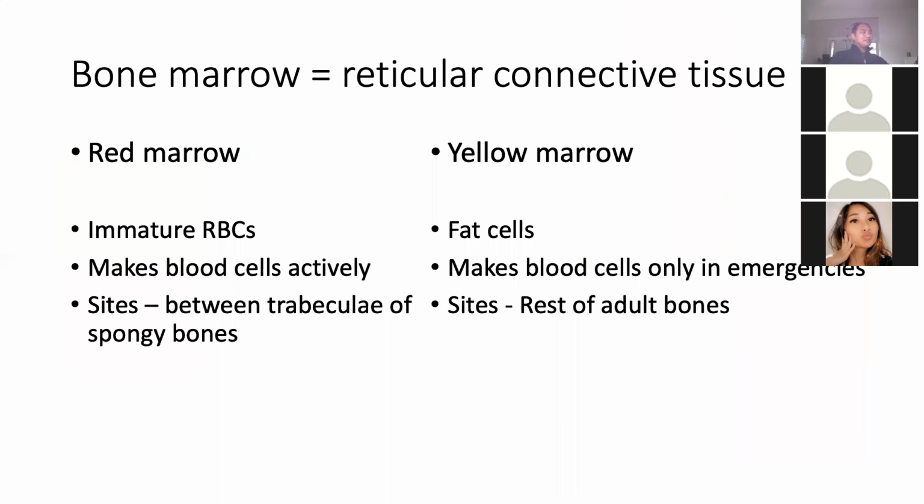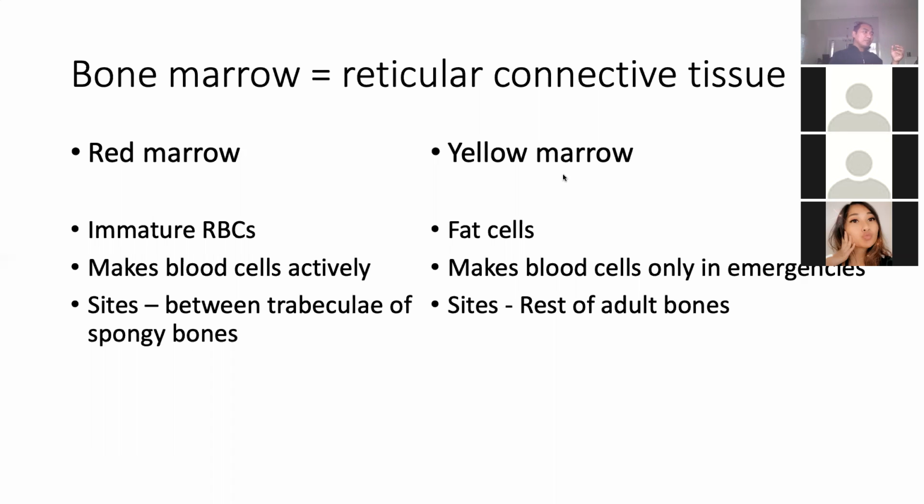And bone marrow. All these blood cells like RBC, WBC, and platelets come from the bone marrow. If you dig into the bone marrow, there are two types: red marrow and yellow marrow. For you and me, at our age, we have more yellow marrow. Why?